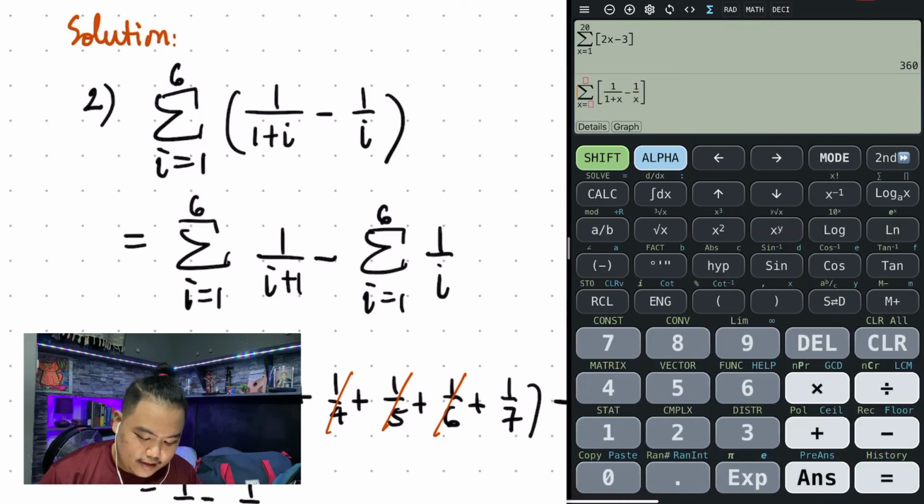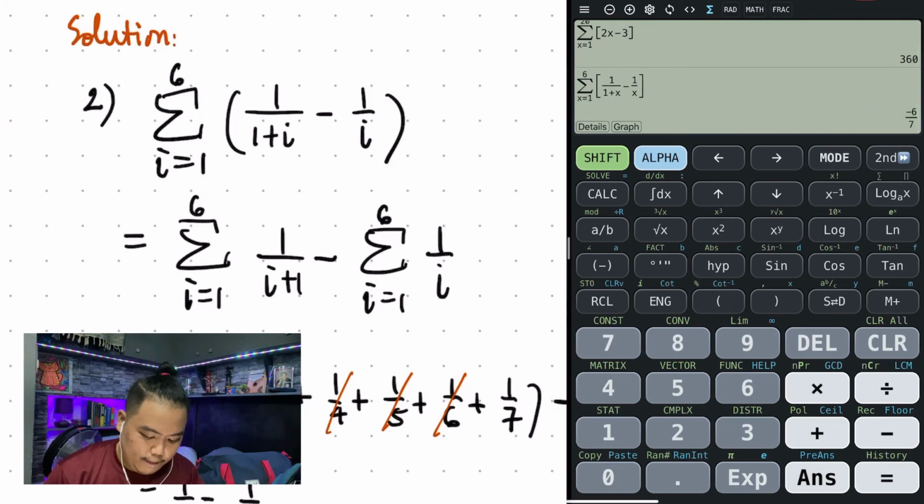And then, ang starting X natin ay isa lang. Oops, hindi ko ma-locate yung X. Ano ba yan? So, 1 hanggang 6. I-fraction natin. So, the answer is -6/7.